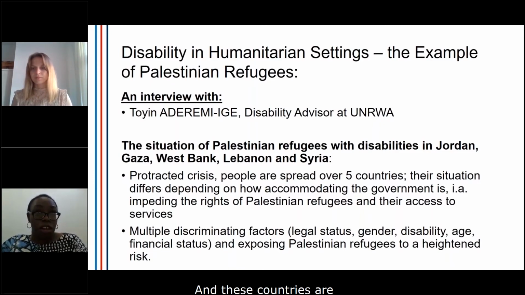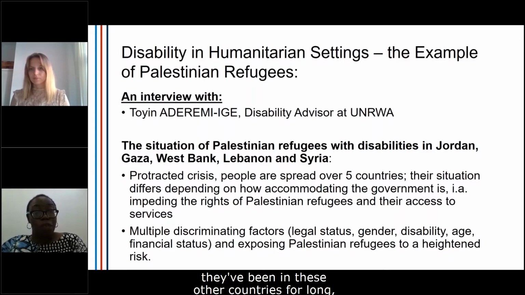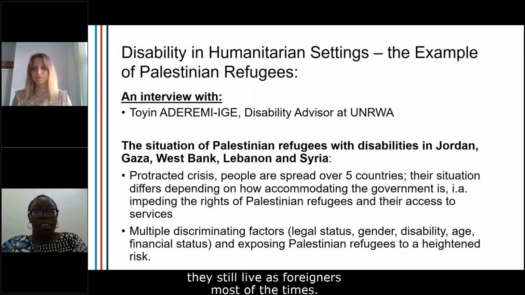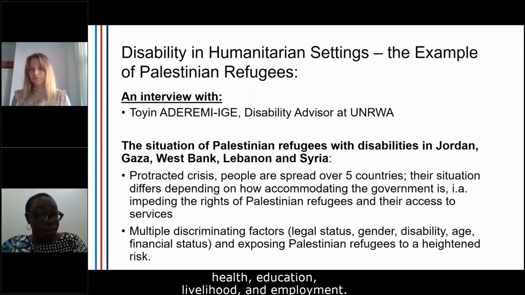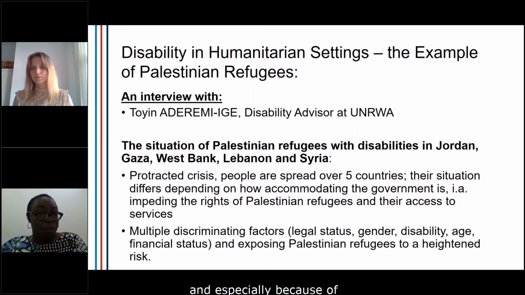And these countries are Jordan, Lebanon, Syria, West Bank, and then Gaza. And the situation is such that they've been in these other countries for long, and despite that, they still live as foreigners most of the time, and they don't have easy access to basic services like health, education, livelihood, and employment. It's difficult for them to access these services for one reason or the other, and especially because of their status in many of these countries.